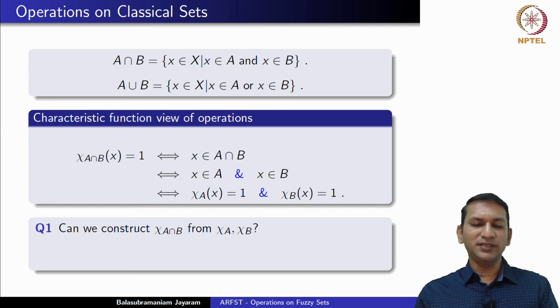Remember the question that we asked? Can we construct the characteristic function of A intersection B from those of A and B?